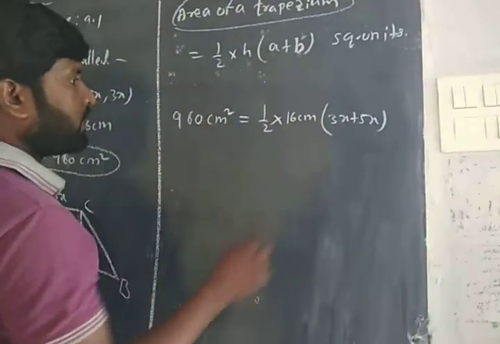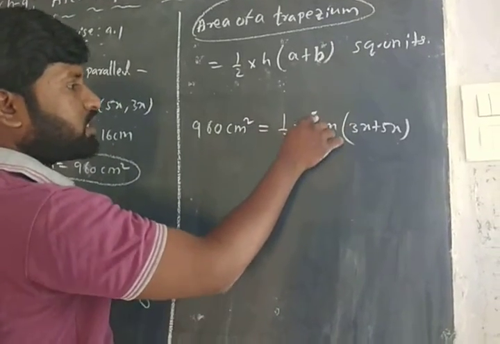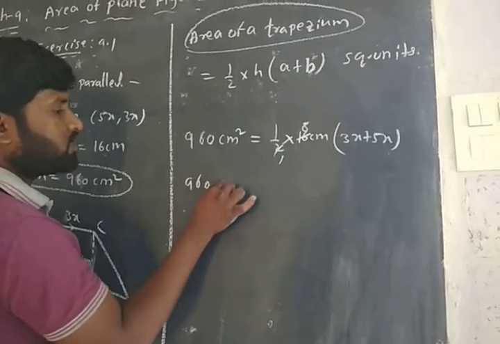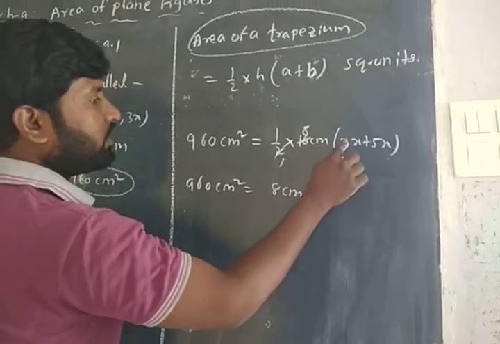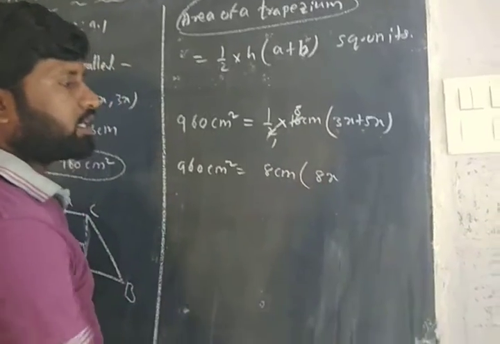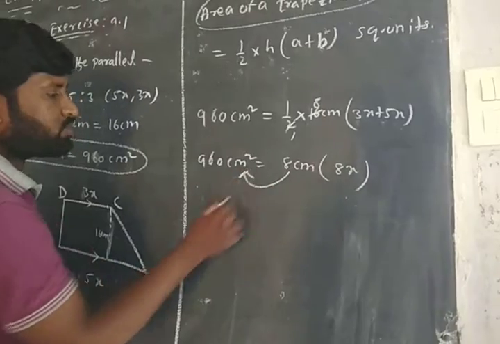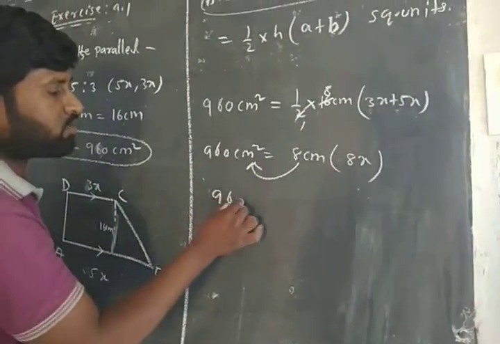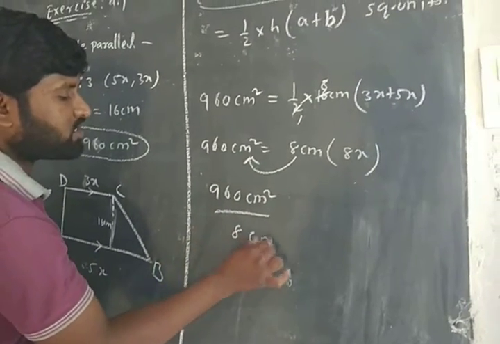Now 2 ones are 2, 2 eights are 16. Then we can write 960 square centimeter is equal to 8 centimeter into (3x plus 5x), that is 8x. Then transposing 8 centimeter to the left side it becomes division: 960 square centimeters by 8 centimeters.